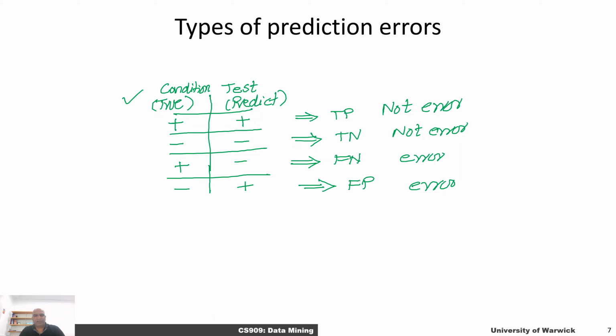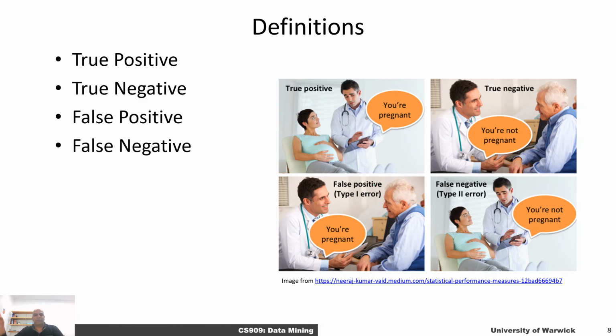Some people find these false positive and false negative a bit confusing, and to fix that, I have this interesting example that would help you remember what a false positive and a false negative mean.